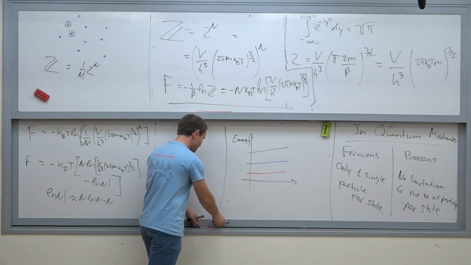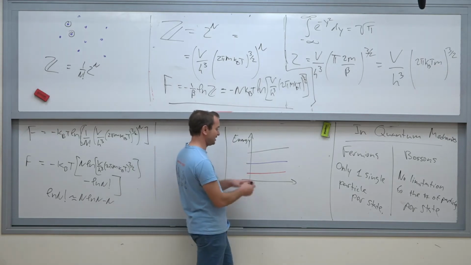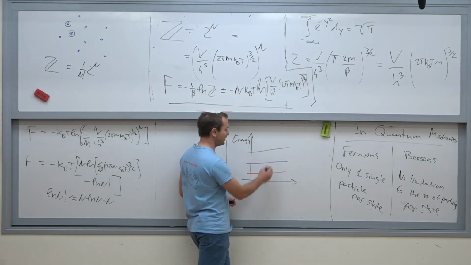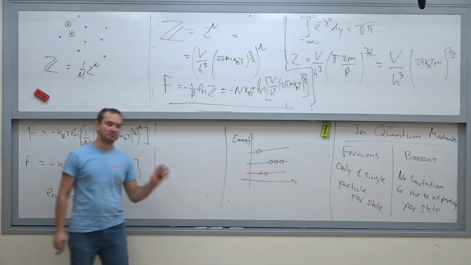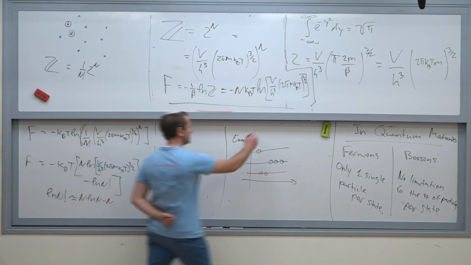There are no limitations of how many particles are sitting per state. So there could be 2 particles over there, 3 particles over there, and 1 particle over here. For bosons.